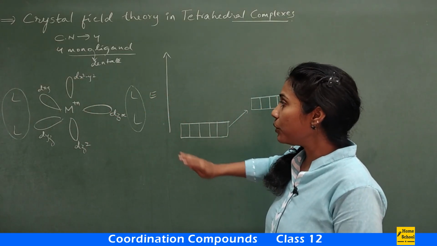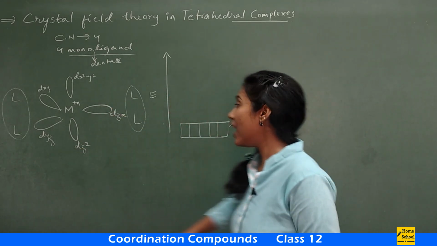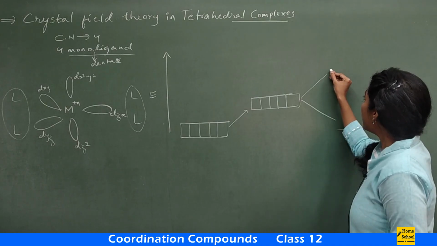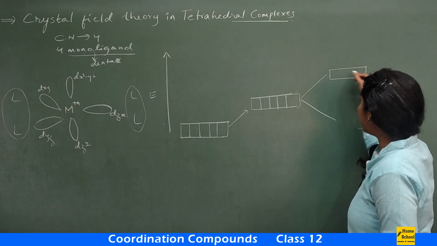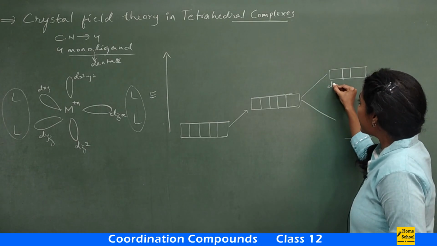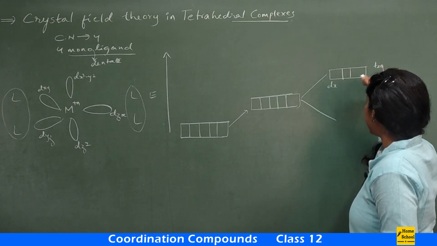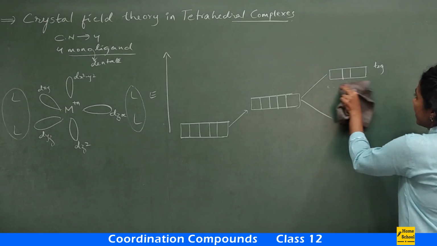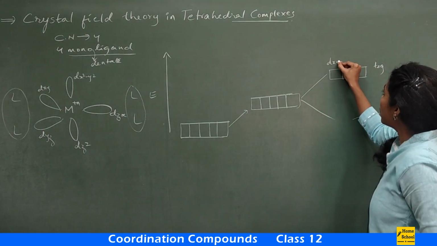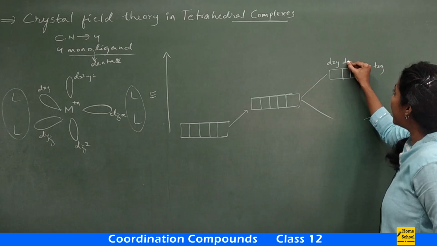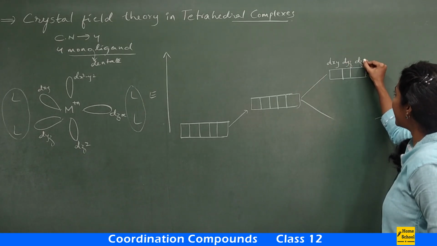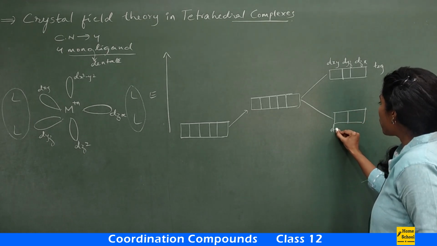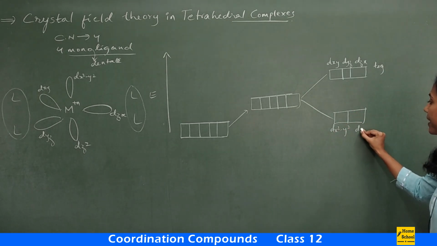So due to this energy difference, the orbitals split into 2 sets here also. The set which has higher energy is the T2G set: dxy, dyz and dzx. I'll write these names above so that it is more convenient. The set which has lower energy is dx square minus y square and dz square.